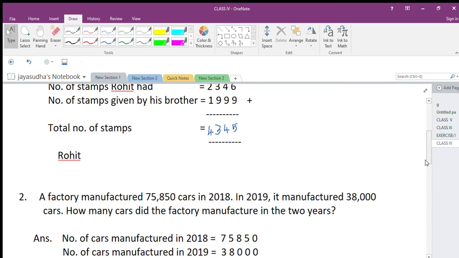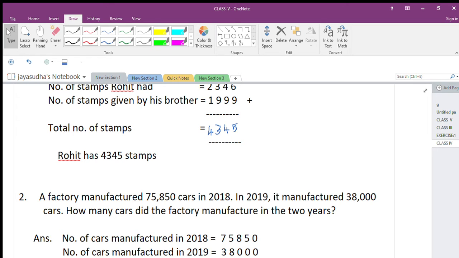Total number of stamps. How many stamps does Rohit have? 4,345 stamps. Are you okay, children?